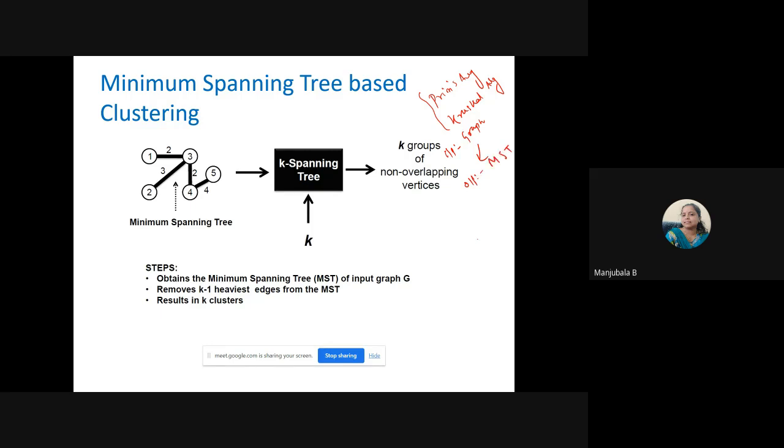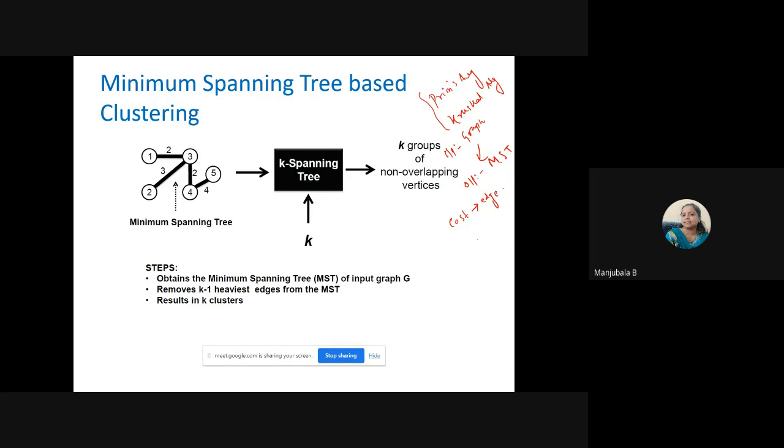A minimum spanning tree is the spanning tree of the graph which has minimum cost. Here the graph is a weighted graph, meaning some weight or cost is associated with every edge. Whatever tree you get at the end, the cost of its edges will be minimum. That is the MST concept.